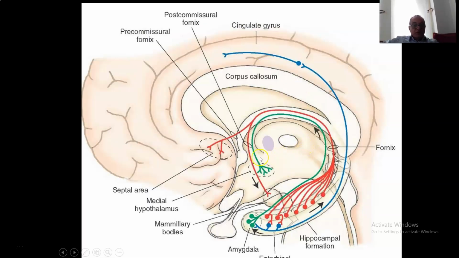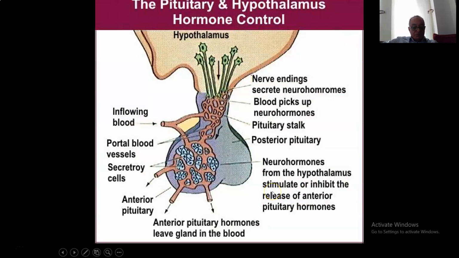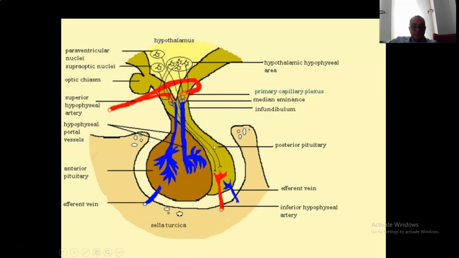This is to remind you that the mammillary body is responsible for memory and for emotions. This is another view showing the pituitary gland and where the pituitary hormones are present.